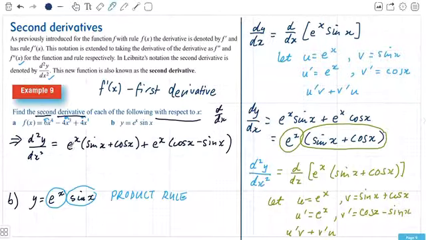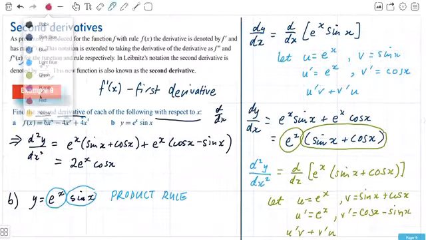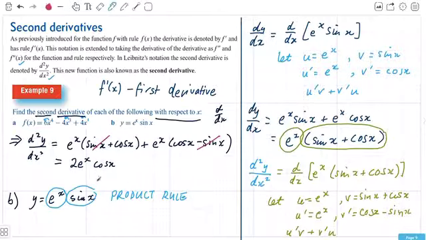What you'll notice is you've got e to the x cos x plus e to the x cos x, that's two lots of e to the x cos x. And you've got a sine x here and a minus sine x there, so there's some cancelling going on. You could also expand this out to get the same result. So your final answer for the second derivative, d squared y dx squared, for b, is 2e to the x cos x.